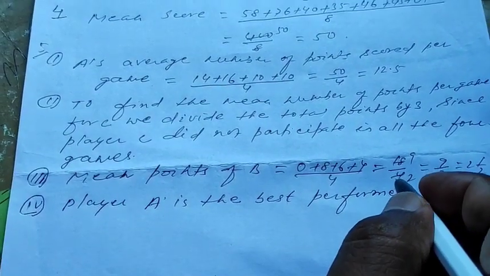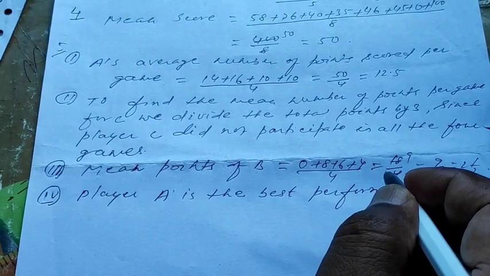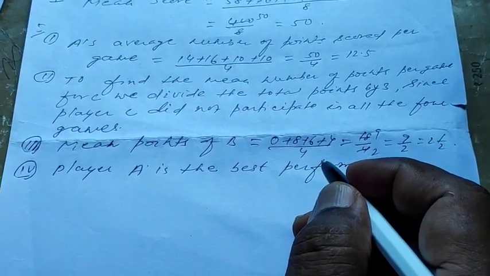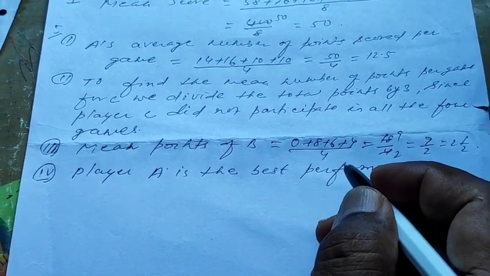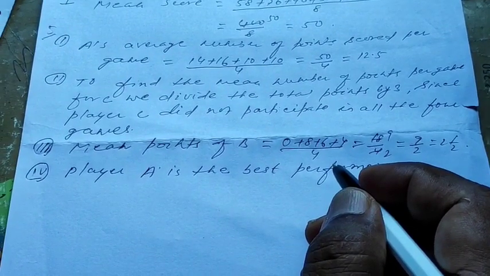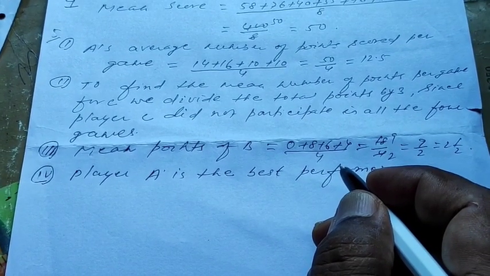Now come to question number 6. Marks out of 100. In question number 6, the marks out of 100 obtained by a group of students in a science test are 85, 76, 90, 85, 39, 48, 56, 95, 81 and 75. Find the highest and the lowest marks obtained by the students.